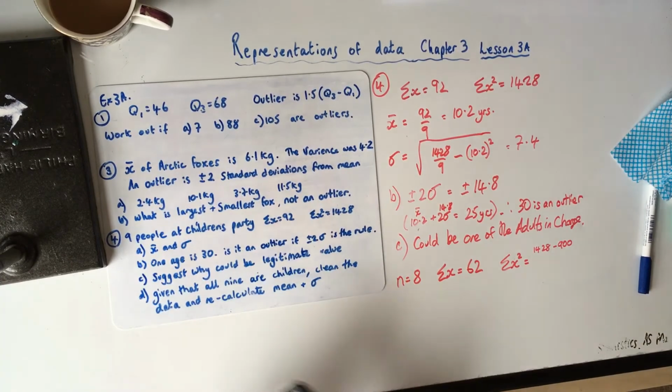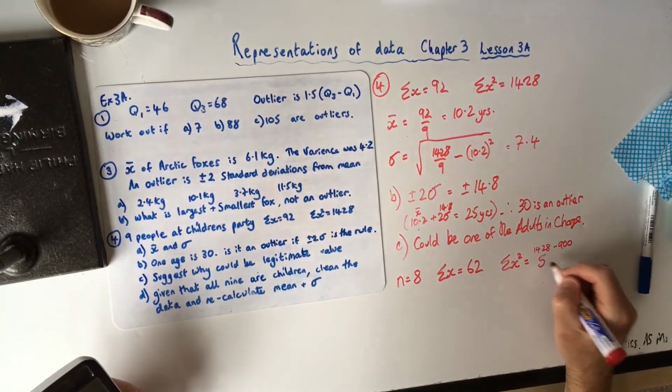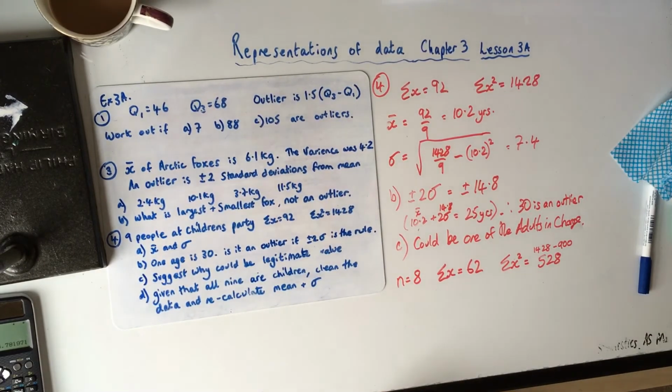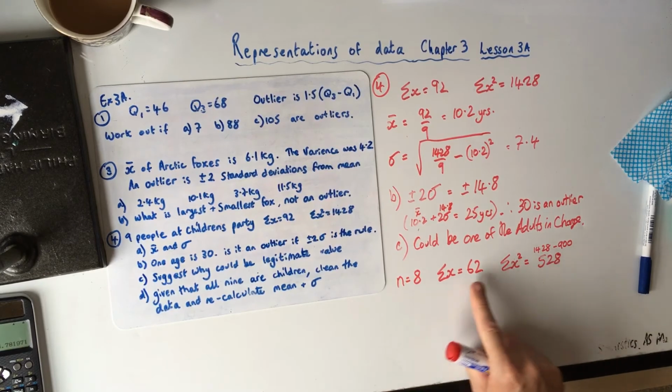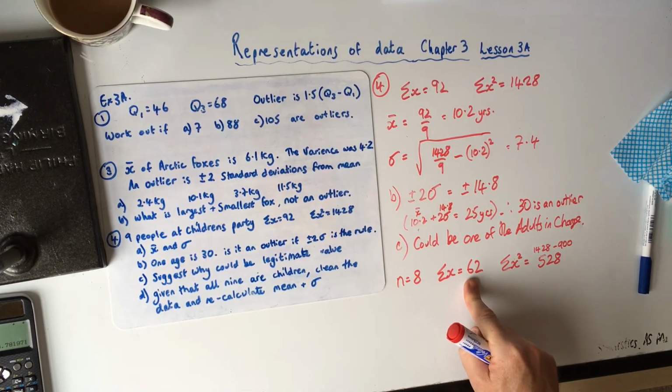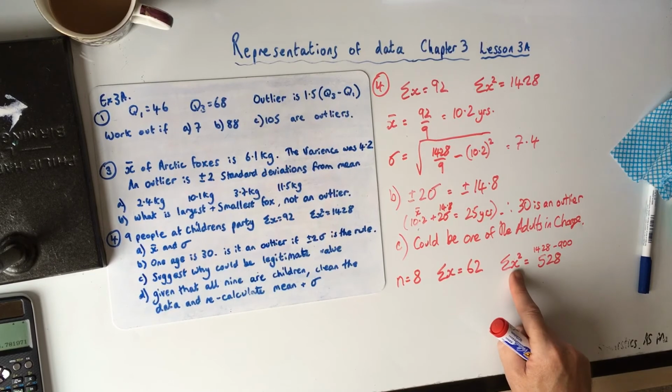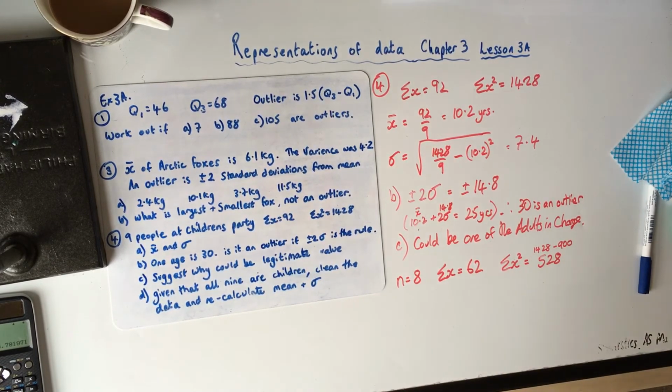Okay, so we've now got 528. So you can see what a massive effect that had on that bit of data there. Okay, so that's what it should have been. This is correct data now. N is 8. Now that we've cleaned it up, the sum of those 8 ages is 62, and the sum of all of their ages squared is 528.